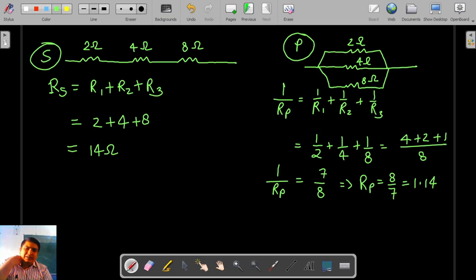So 1.14 ohm is the approximate value. Now if you observe, the value of resistance in series mode is 14 and in parallel mode is 1.14.